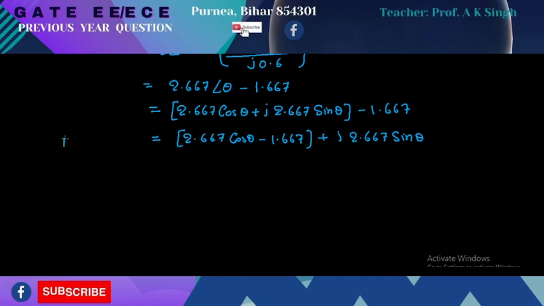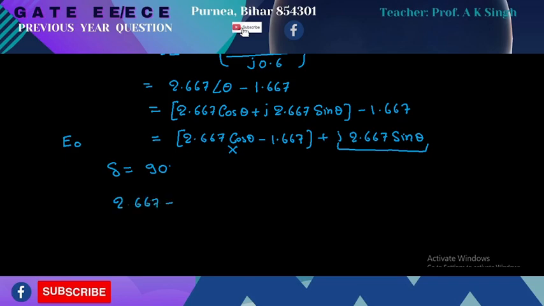This is the value of E0, the voltage generated by the generator. We know for maximum steady state power, or the steady state limit, the load angle delta is equal to 90 degrees. That means only the imaginary term will exist but not the real term, so this term will be equal to 0.